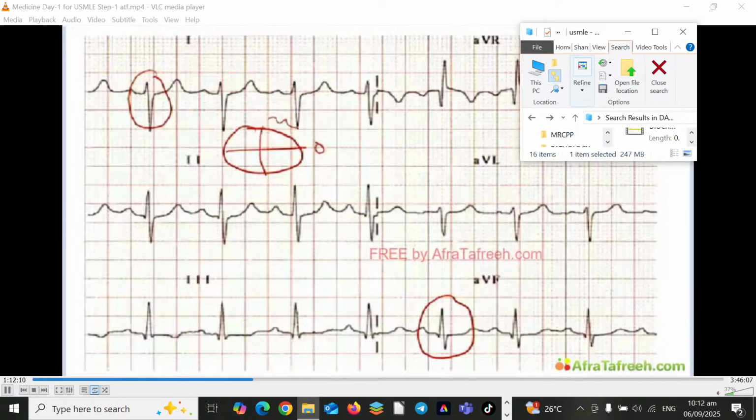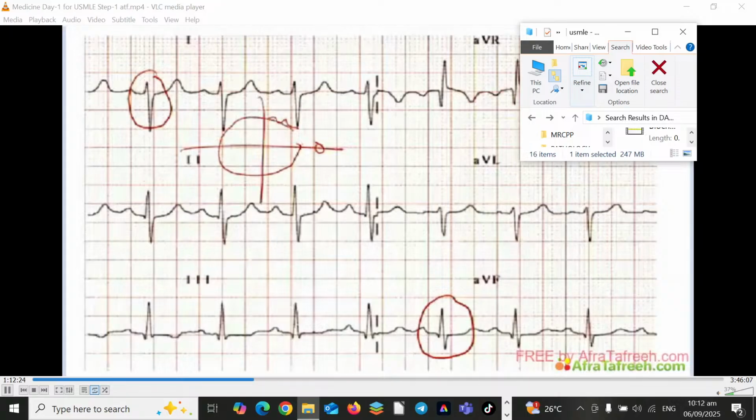It cannot be on the left side, so it has to be on the right side. Because it is negative for lead 1, that means it's on the right side, and it is positive for AVF, that means it has to be on the bottom side.